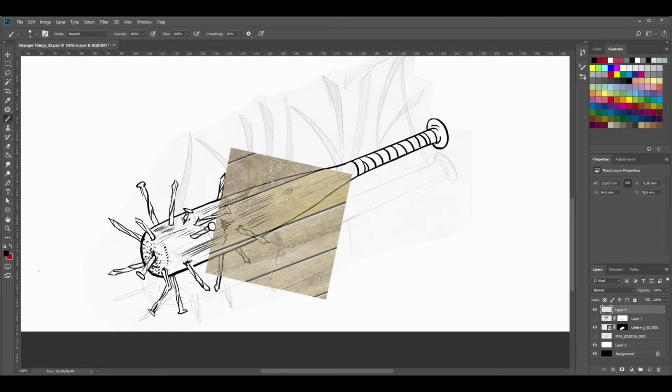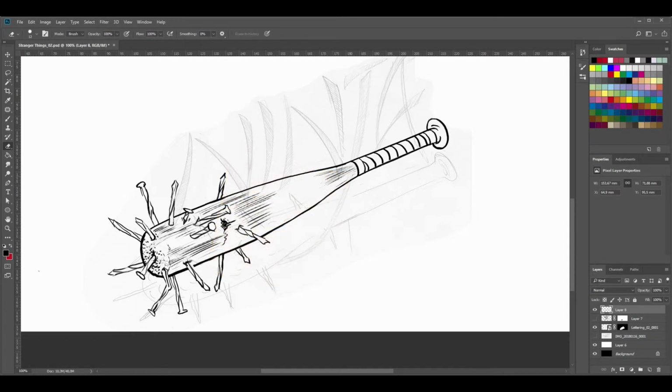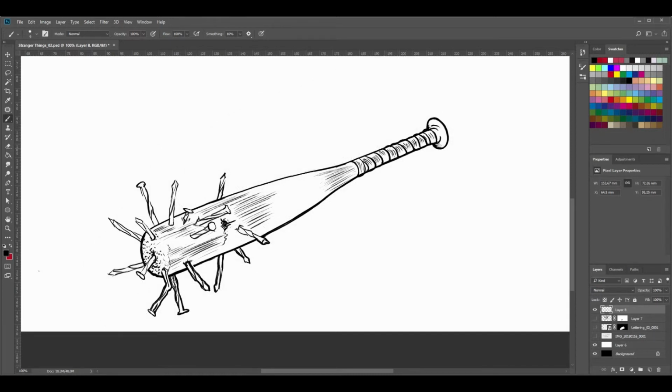For example, wood texture will also give impression of volume, as its streaks follow the shape of the bat. In the last instance, I would go over the contour shapes to make the drawing look more powerful.